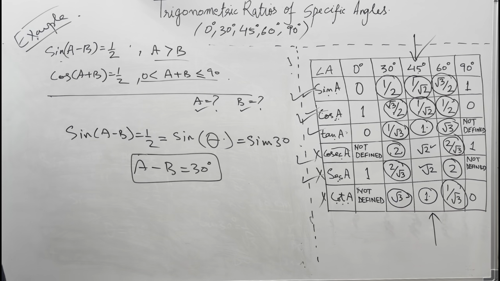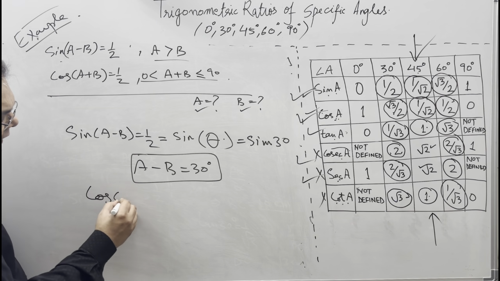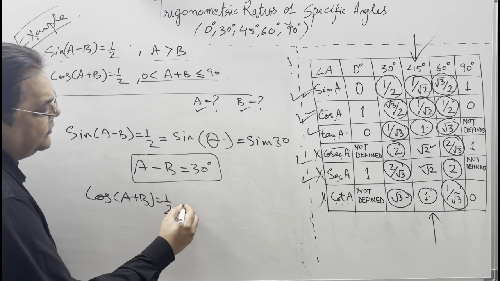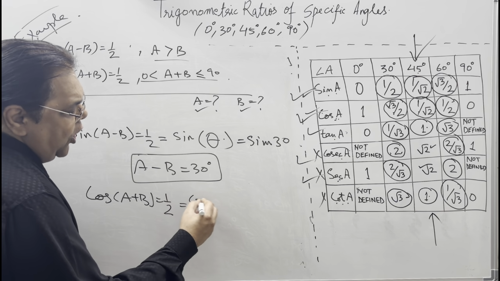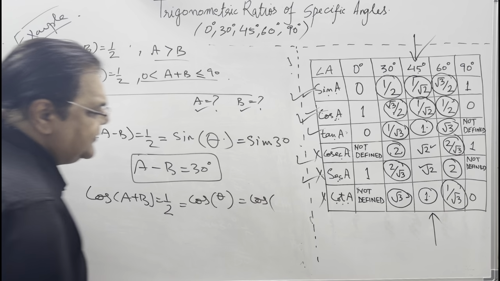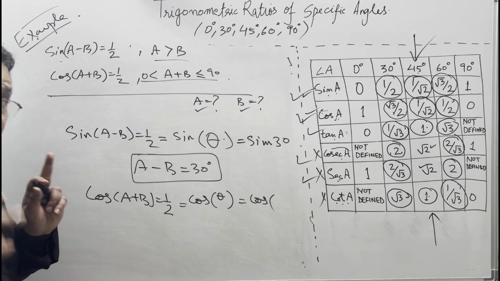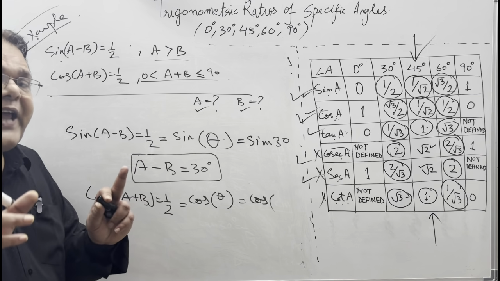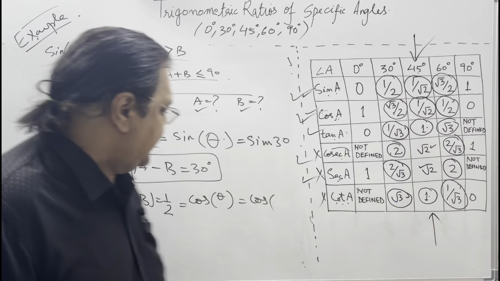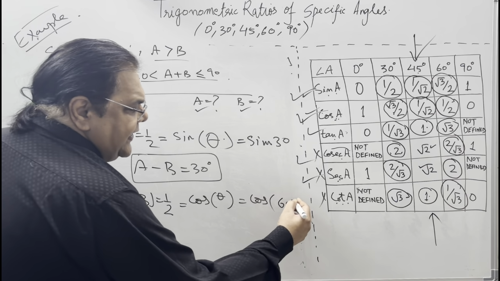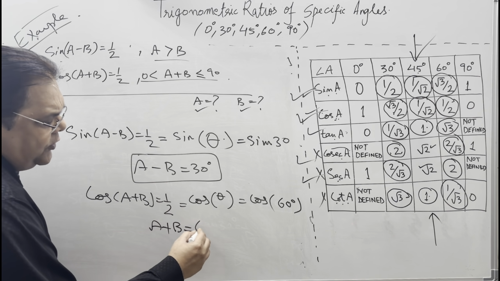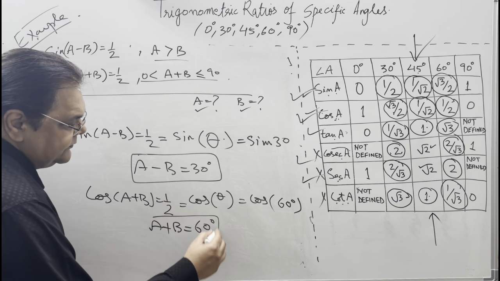Correct? Now, cos A plus B is equal to 1 by 2, which is equal to cos of some angle. For what angle is the cos of that angle 1 by 2? Check the cos table. Cos of 1 by 2 means 60. So this is cos 60 degrees, which implies A plus B is equal to 60 degrees.